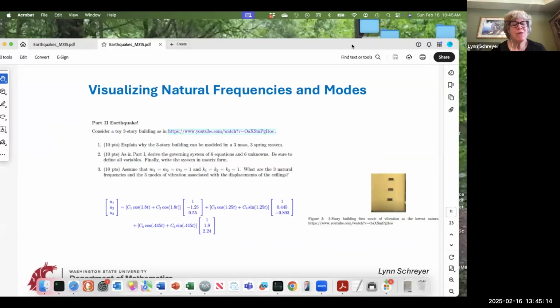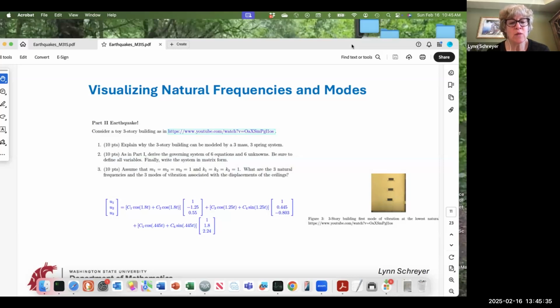Okay, so now we can go and discuss what happens in an earthquake. And we're going to model a 3-story building. And as in part 1, we derive the governing systems of equations, 6 equations and 6 unknowns, and be sure to define all variables.